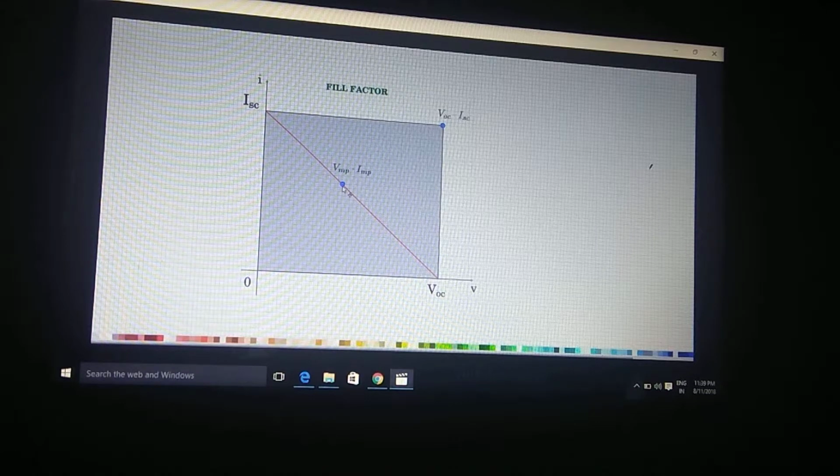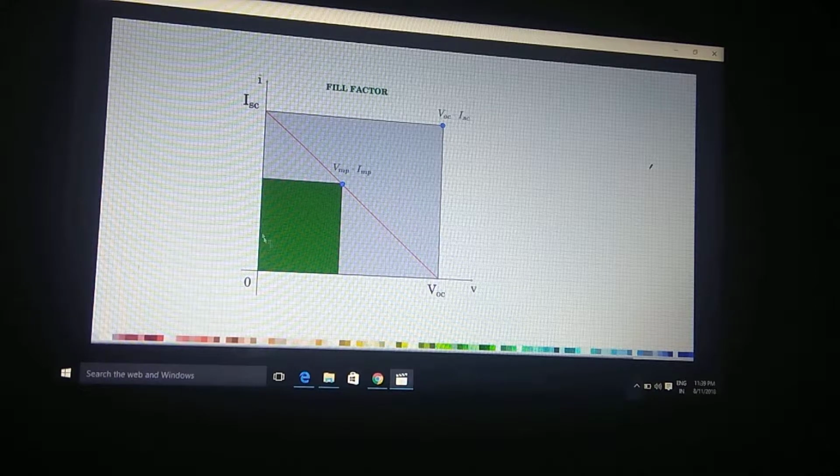Let us say we have a VMP, IMP point like this, and its projections result in a rectangular area like this. Now you see that this rectangular area is much smaller with respect to the ideal rectangular area as demarcated by VOC, ISC.